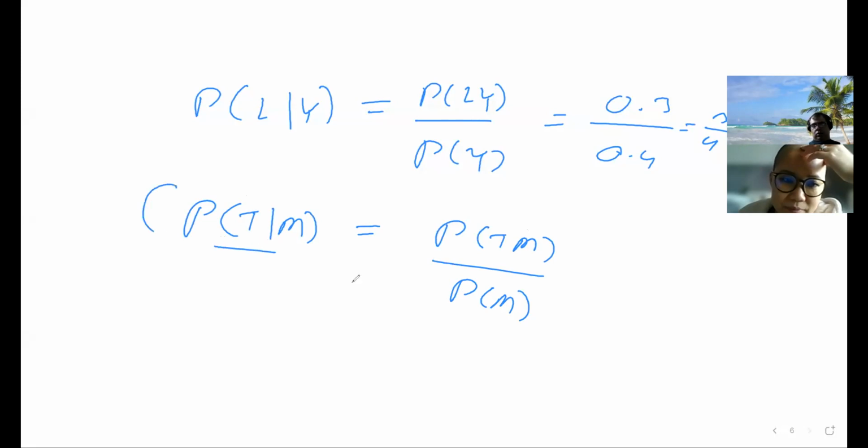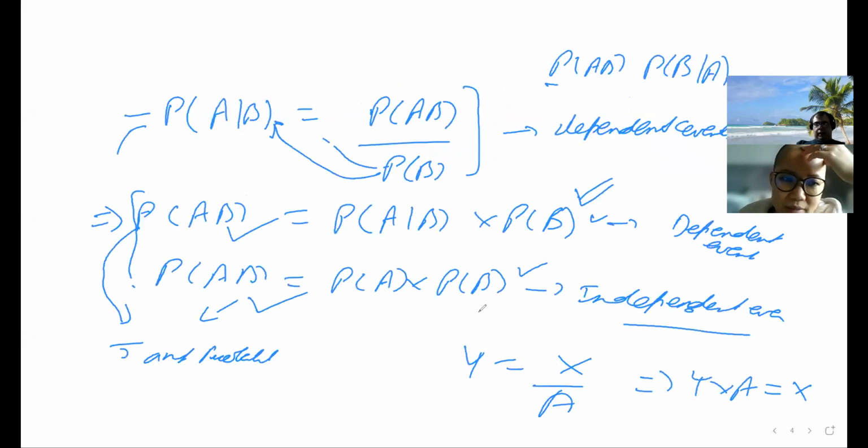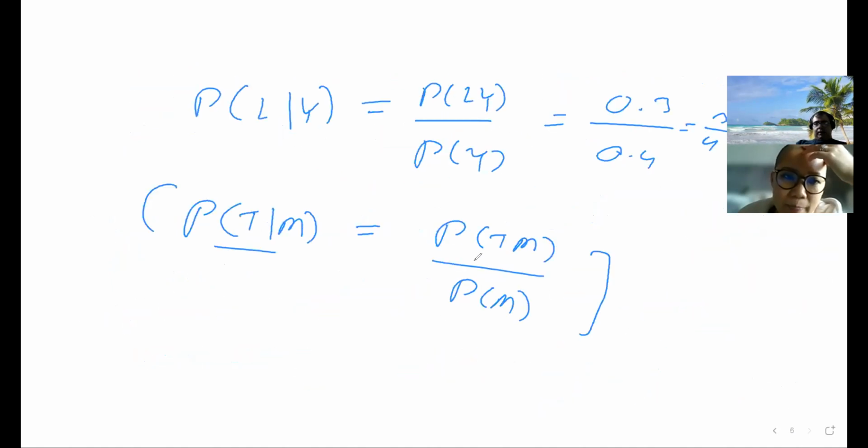This formula we know. I have already explained this to you: P(A given B) is given by P(A and B) upon P(B). This is for dependent events.